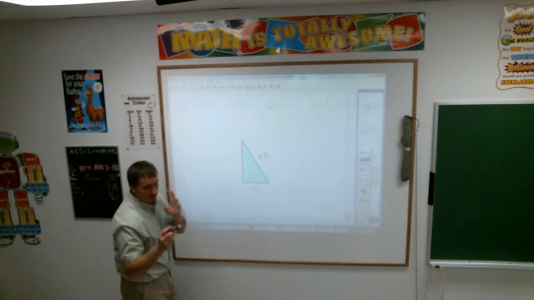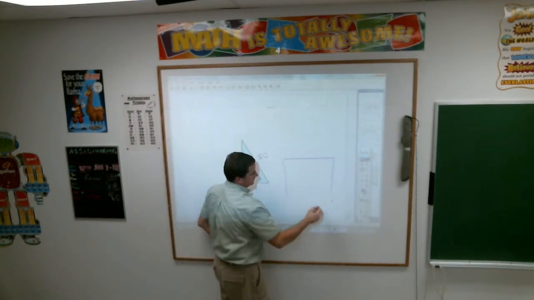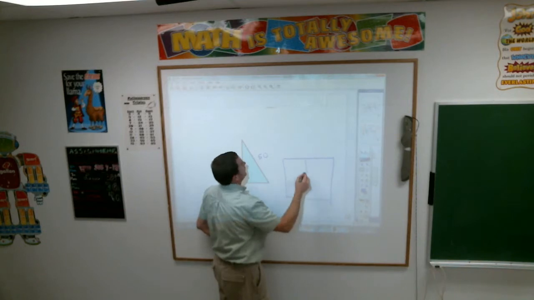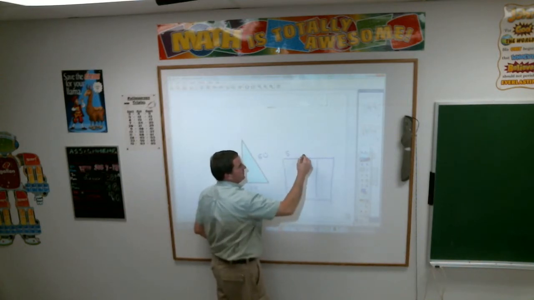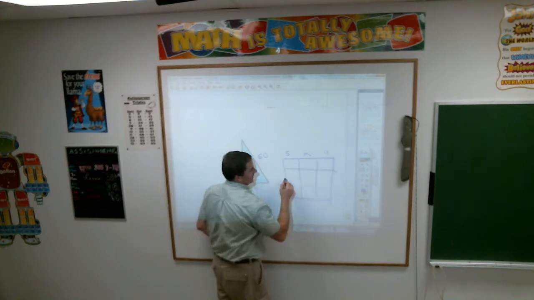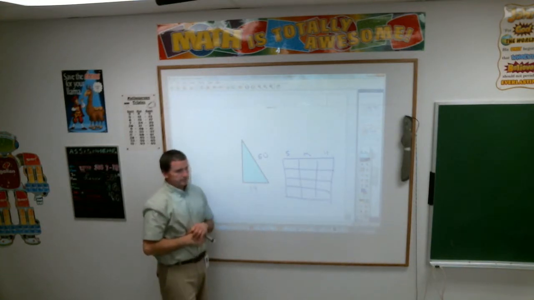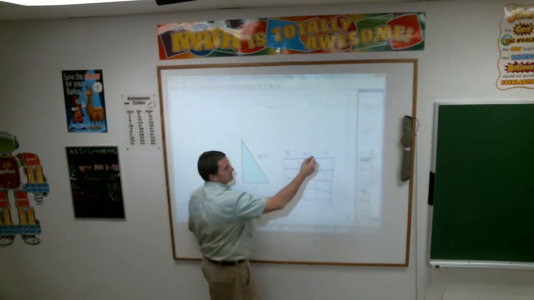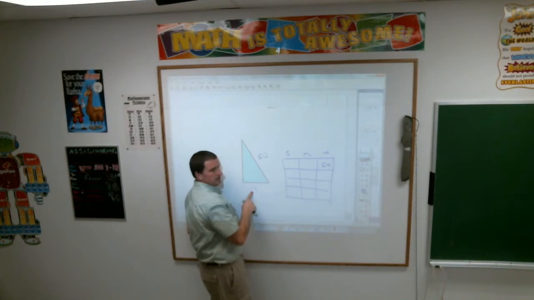Now maybe this is what you should do, make a table with the short, medium, and the hypotenuse. Plug in the numbers that you know. What numbers do I know? I know that the hypotenuse is 50, and I know that the 14 is the short side.